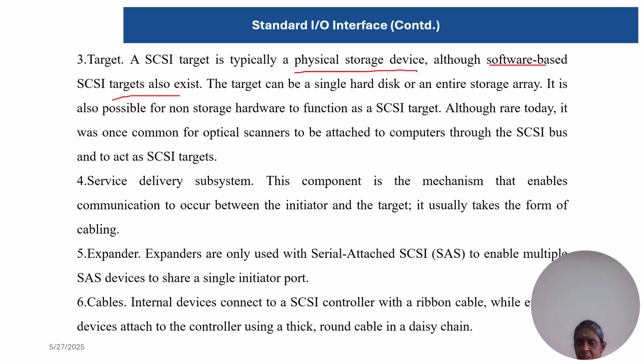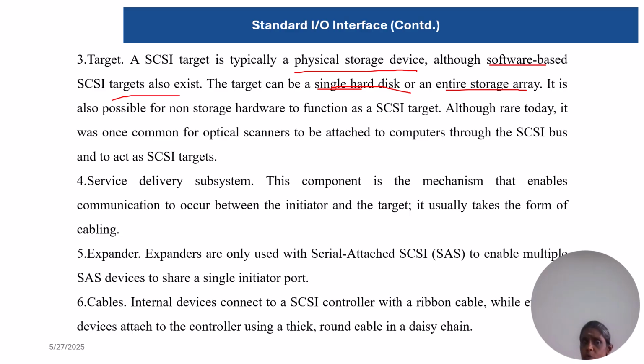In the previous slide we saw iSCSI, Internet SCSI, has the software target. The target can be a single hard disk or an entire storage array. So already we said that it is a storage device only.